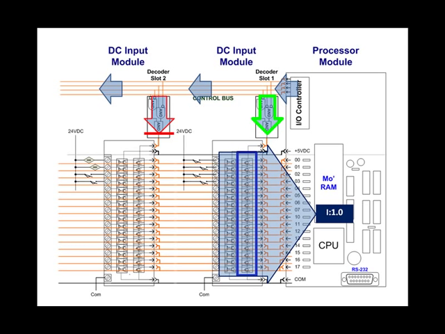Some modules can support more than 16 input devices. They can actually go as high as 32 16-bit words. So then it becomes a matter of input slot 1, words 0 through 31, and then bits 0 through 15. So the controller transfers the state of these 16 conductors to a 16-bit word in the controller's memory.